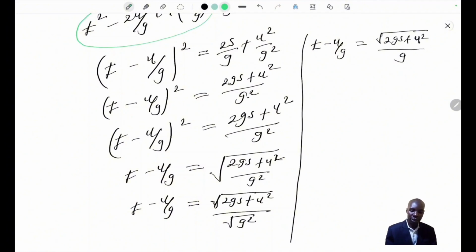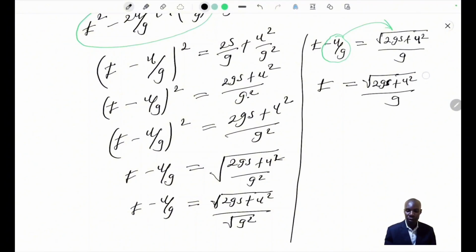Then you bring this to the right. t alone is now equal to the square root of 2gs plus u squared over g, plus u over g.